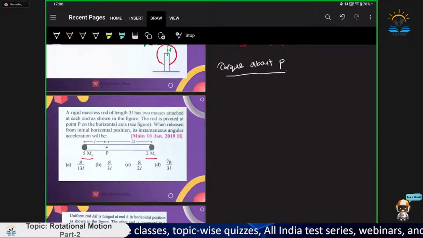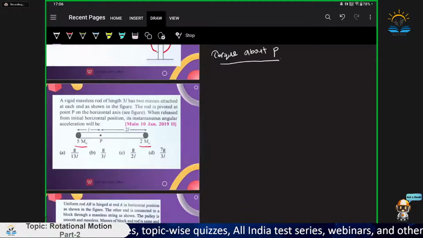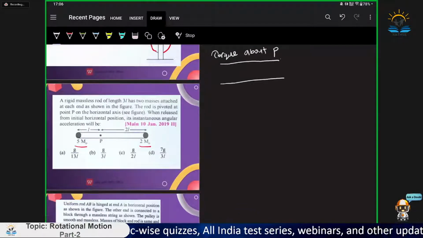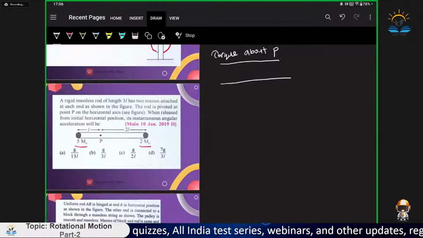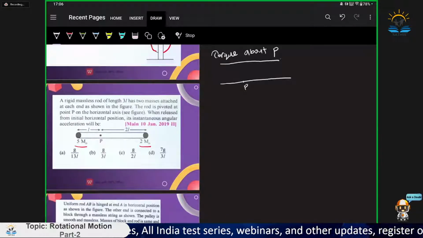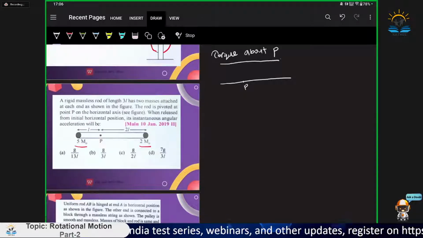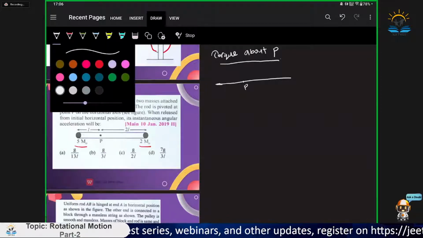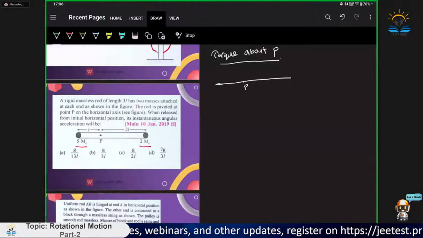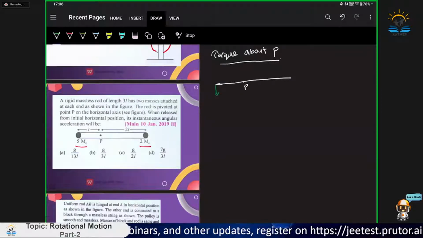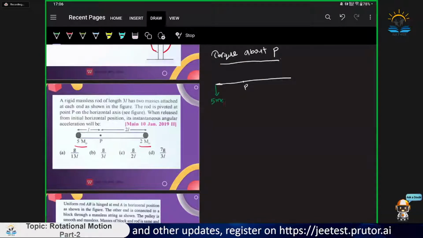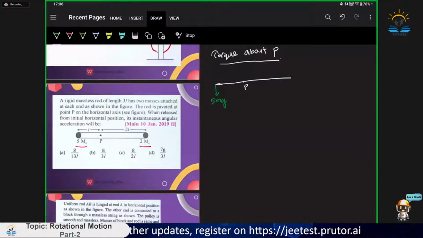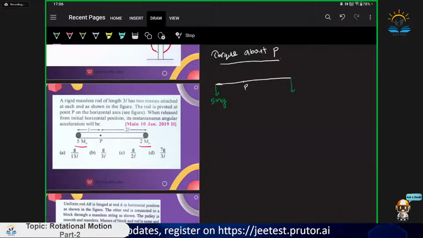So this is the system, and here is the point P. Here 5 m0 g will act downwards, and here 2 m0 g.